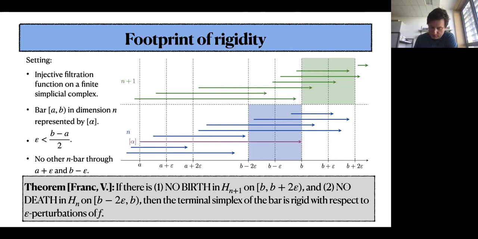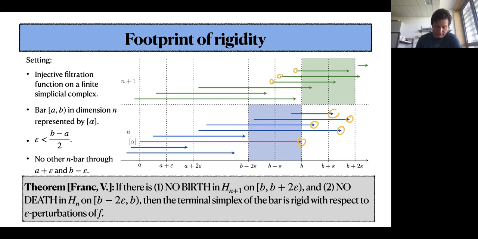So in a neighborhood, you have a bunch of simplices of dimension n+1. All simplices terminating these bars are of dimension n+1, and also all simplices giving birth to these bars are of dimension n+1. So essentially, epsilon perturbations in this picture can change the order of n+1 dimensional simplices considerably.